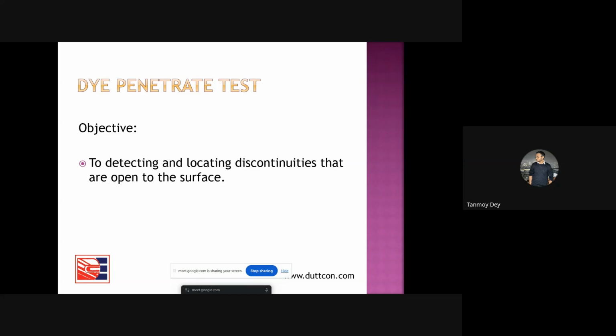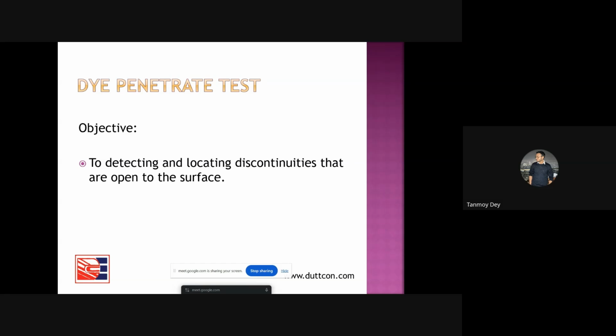First, clean up the surface with this chemical cleaner. After that, we spray some dye. The dye stays there for some time. If there are small holes, this dye enters the holes. Understand? It enters the hole.